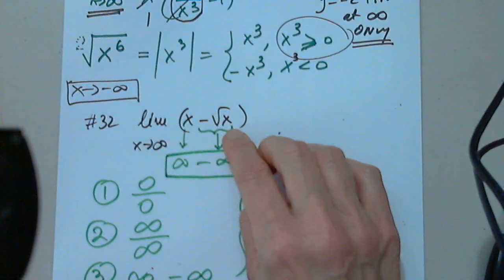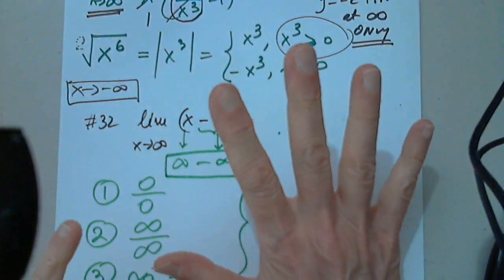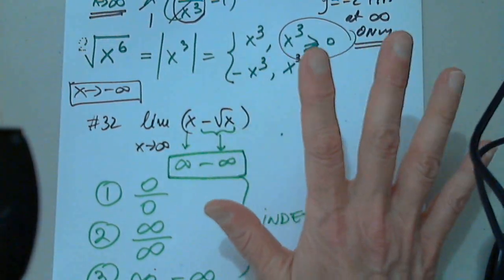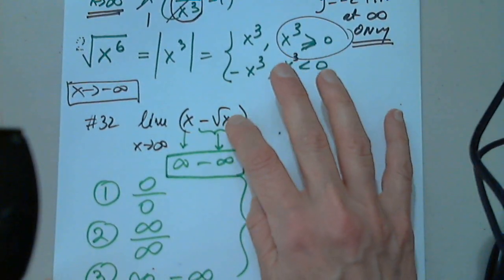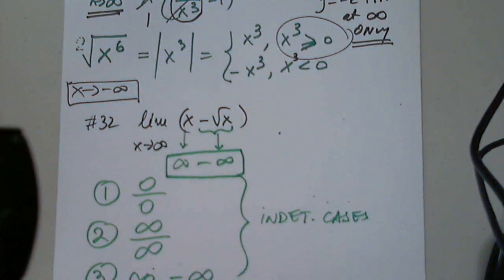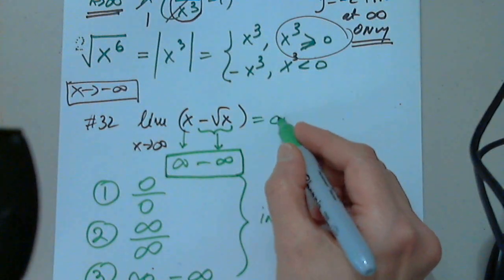So which of these two will be more powerful? I'm not saying I could say with the degree, but really the square root is not a degree situation. It's not a polynomial. But which of these two will go to infinity faster than the other one? X. Yes. So big minus small will still be big.